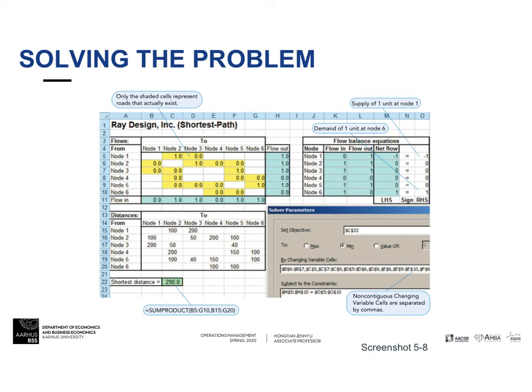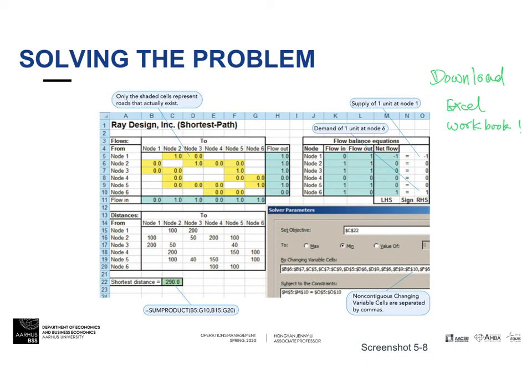The problem is also solved in Excel, so you can download the Excel Solver workbook to further study the solutions.